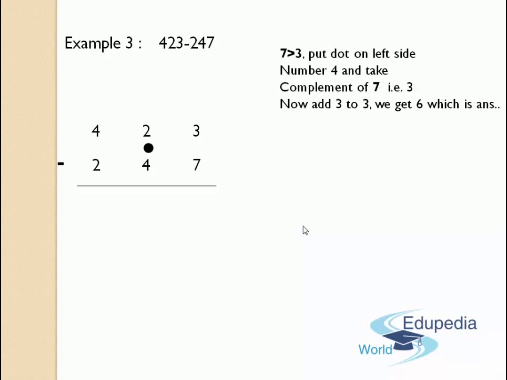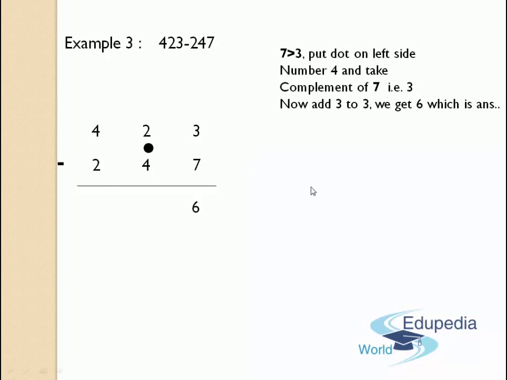Now just add these 3 to the top number, that is 3 again. If you add the complement of 7, that is 3, to the above 3, you will get 6, and this 6 should be written in the answer's place. After writing the answer, you move to the next column, that is the tens place.